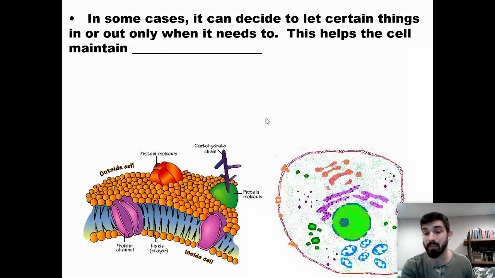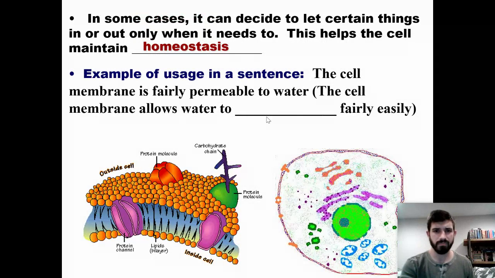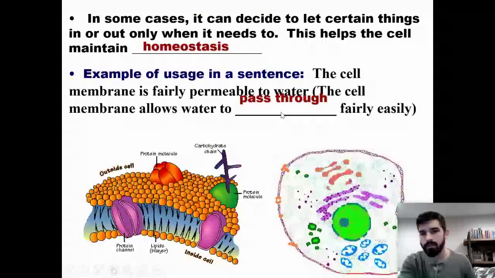This is going to help the cell maintain homeostasis. So the cell membrane is fairly permeable to water. What that would mean, if I were to put that in my own words, is the cell membrane allows water to pass through fairly easily.